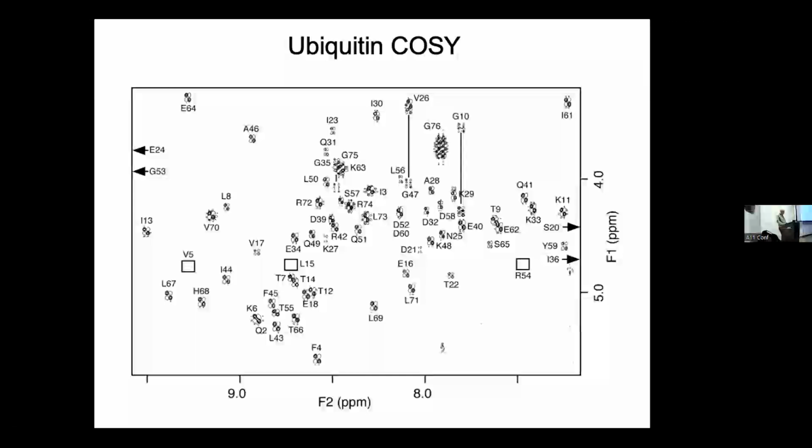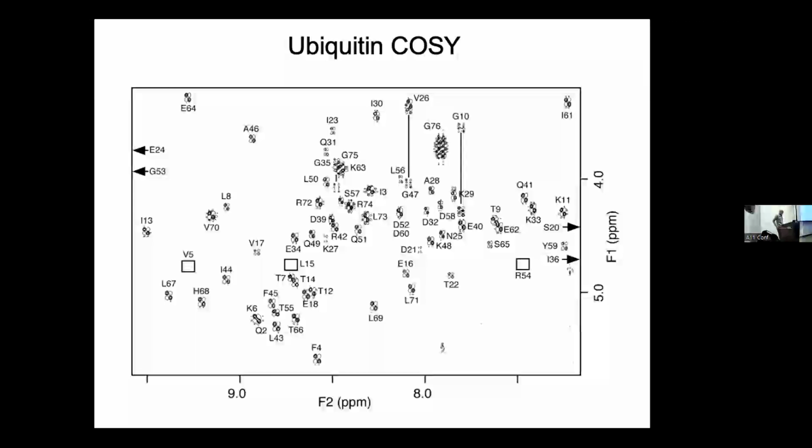The square boxes shown here are peaks that are missing, that from other experiments we know are there. They're missing because this experiment is done in water. There has to be some water suppression, and those particular residues exchange fast enough with water to be bleached out in the experiment.